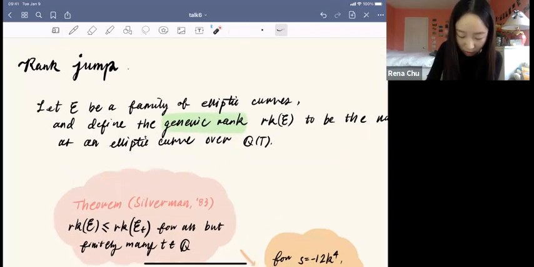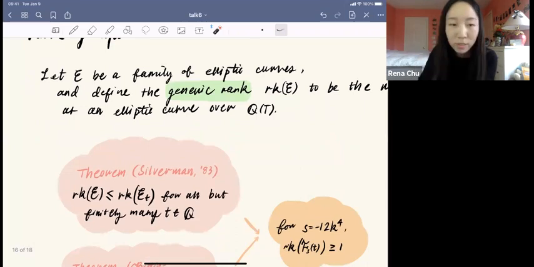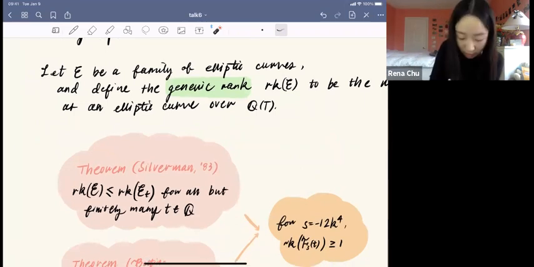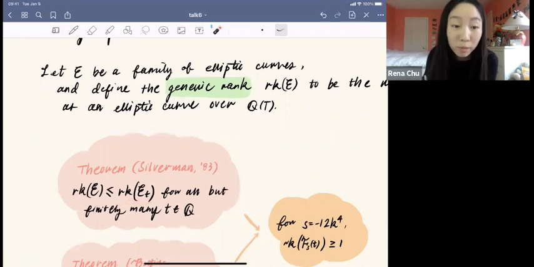So a theorem from Silverman, this is Silverman's specialization theorem, says that the generic rank is at most the rank of the individual fibers for all but finitely many fibers.